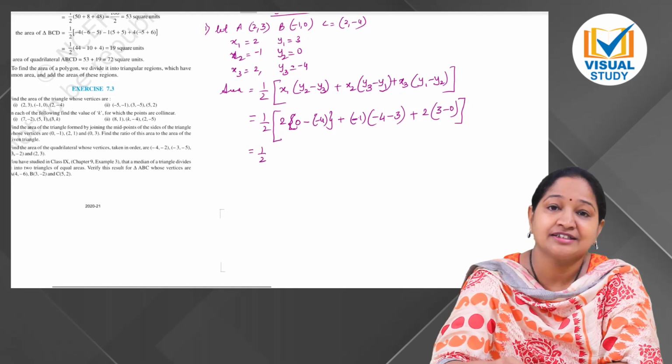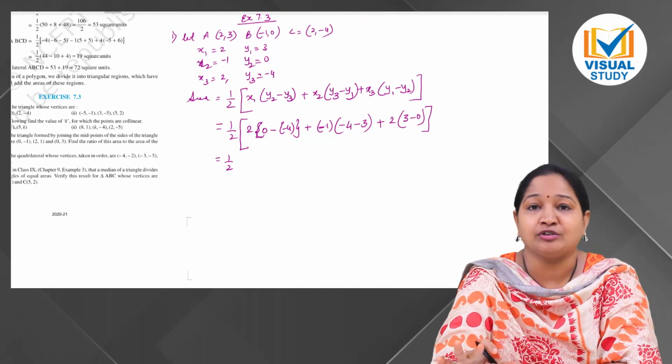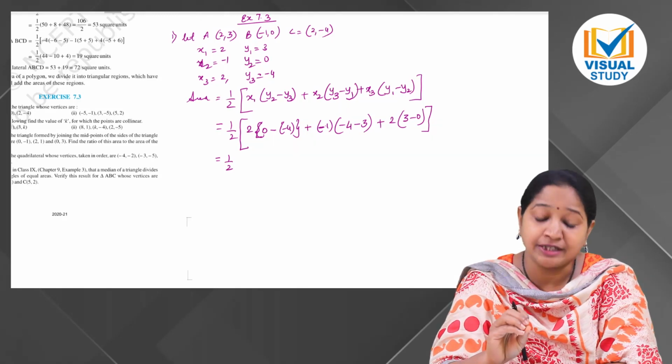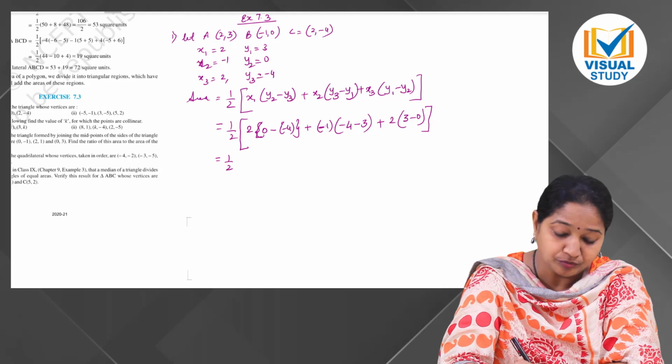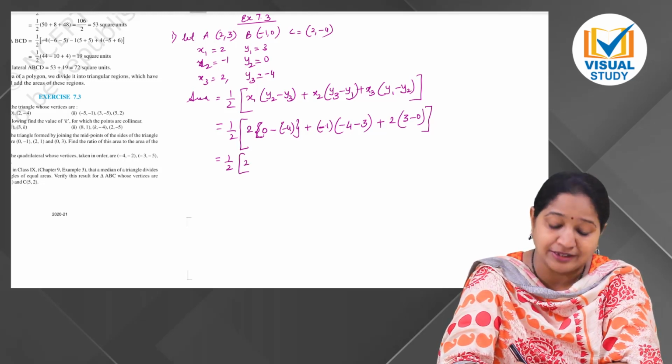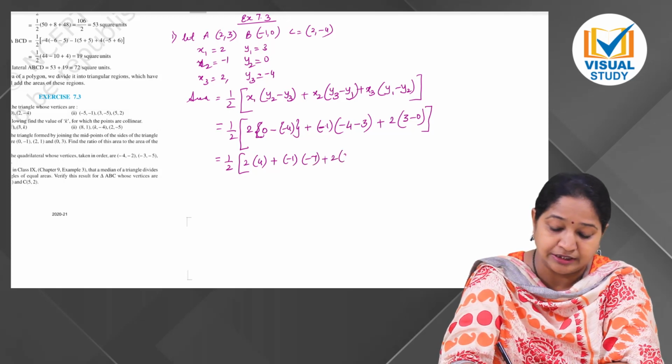In this lesson there are a lot of calculations. We have to just be careful while plotting the points and while writing the points. 0 minus of minus 4, that is 0 plus 4 and you get 4, plus minus 1 into minus 3 minus 4, that is minus 7, plus 2 into 3.